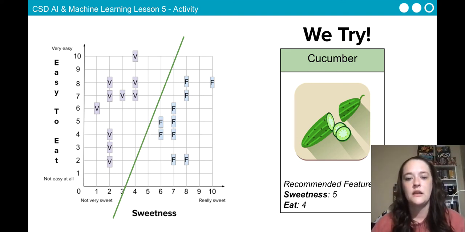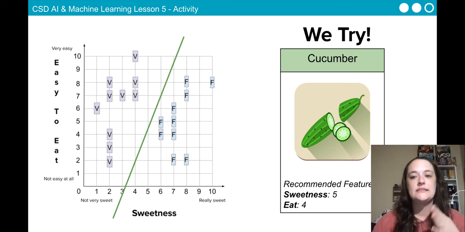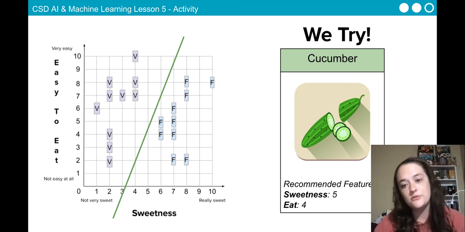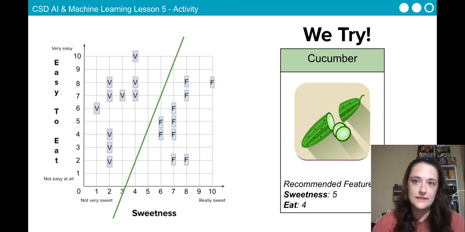But again, a cucumber is technically considered a fruit because of the seeds. But when we are preparing food, we use it like a vegetable, and I definitely call a cucumber a vegetable. So think about that. Where does it fall on your chart? And then include that on the discussion board, okay?